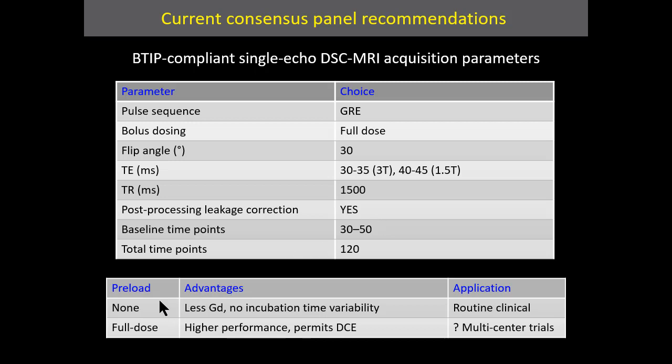Omission of preload gives excellent performance, requires less contrast agent administration, and may be applicable to routine clinical use. Use of a full dose preload may provide higher performance overall. It would permit simultaneous acquisition of DCE and may be applicable to multi-center clinical trials.